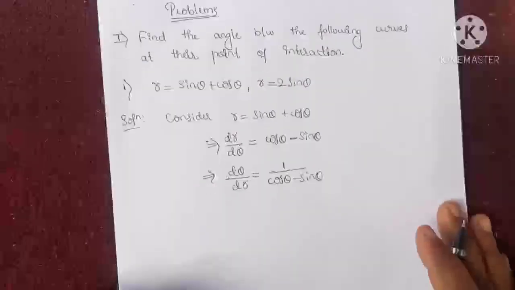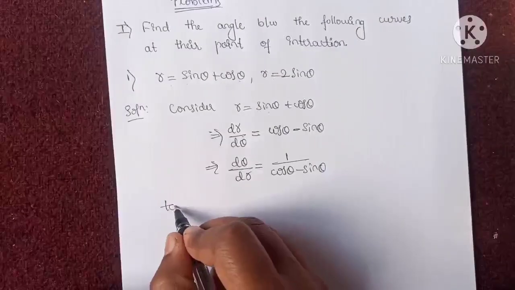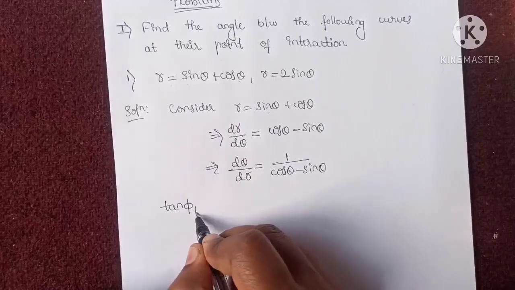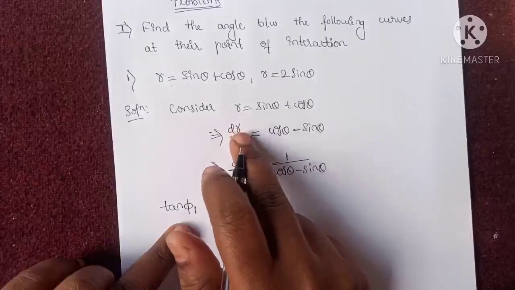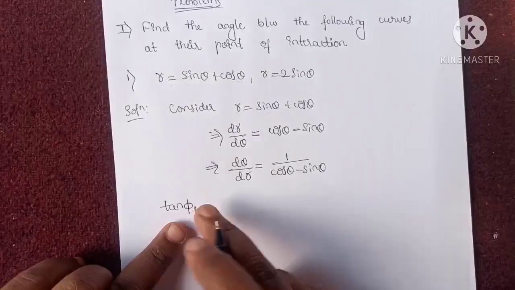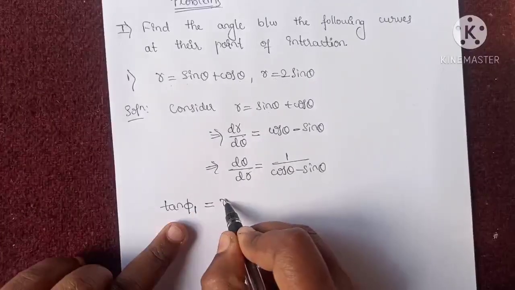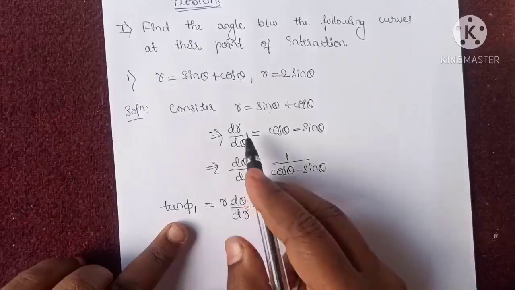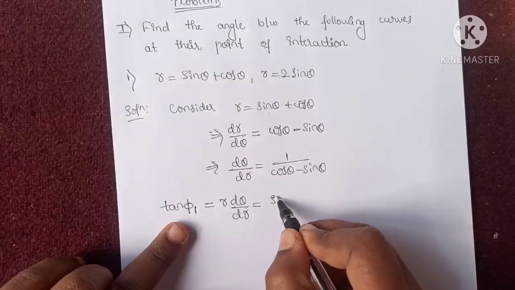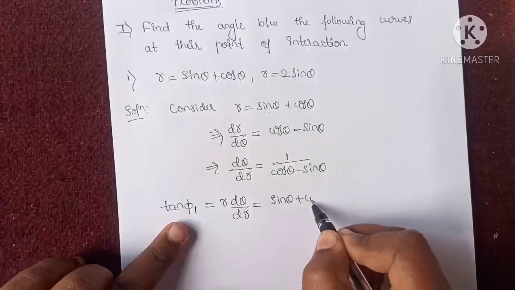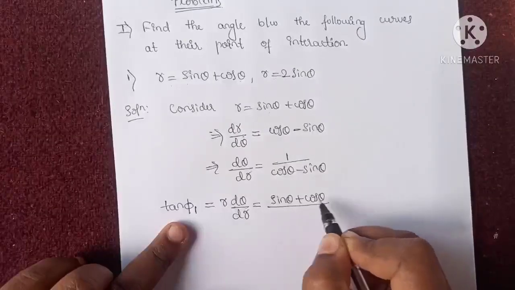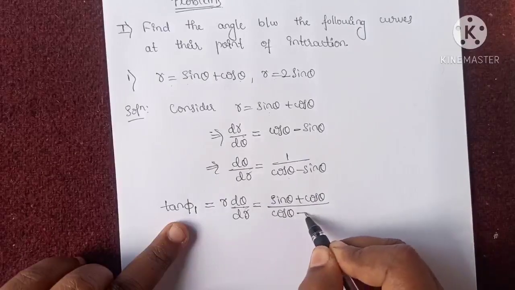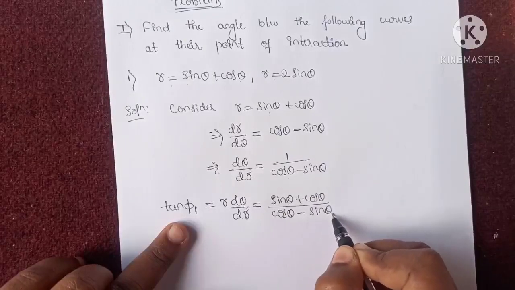Now the formula for the angle between the tangent and the curve is tan of phi 1, because it is the first curve, equals r d theta by dr, which equals sin theta plus cos theta, substituting the r value, divided by cos theta minus sin theta.